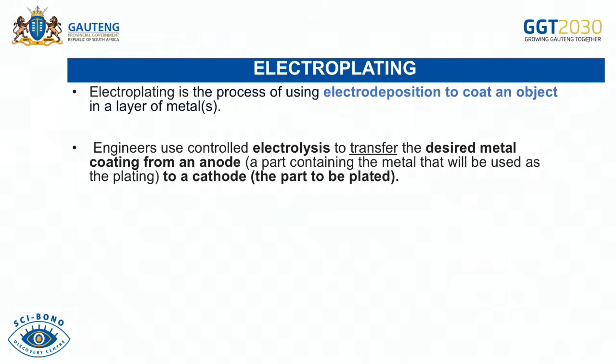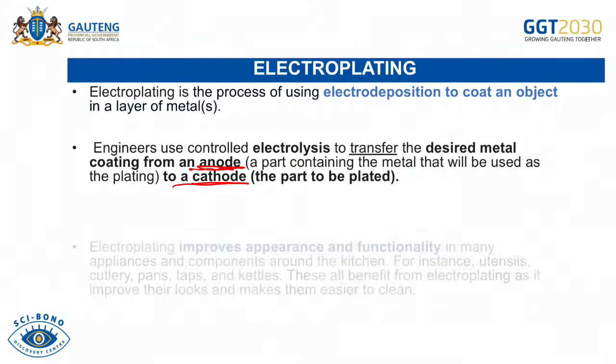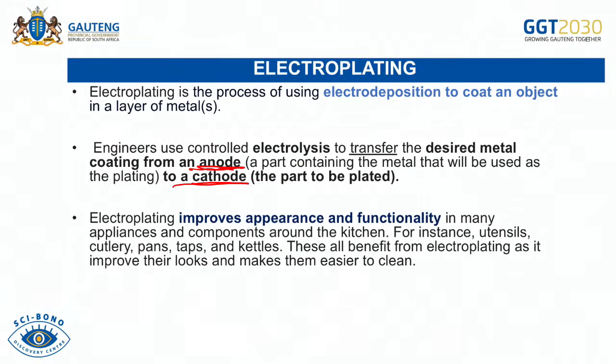So that means that the metal that you want to coat with has to be on the what? On the anode, and then the object you want to coat has to be on the cathode. Why are we even doing this? We want to improve appearance. It could be that our object is dull and you just want to make it glitter, more appealing to the customers, and to improve functionality of many appliances and components around the kitchen.